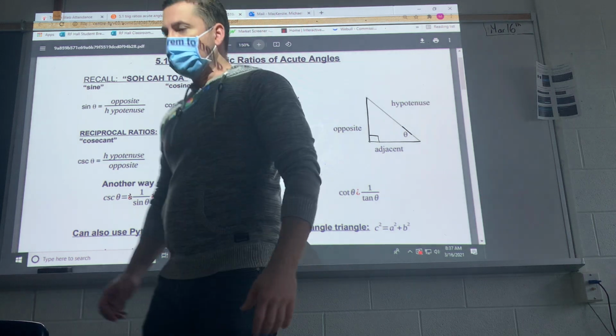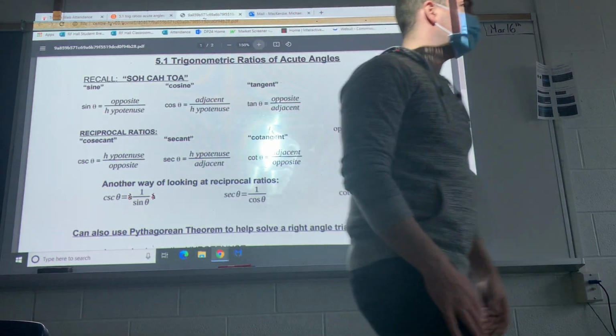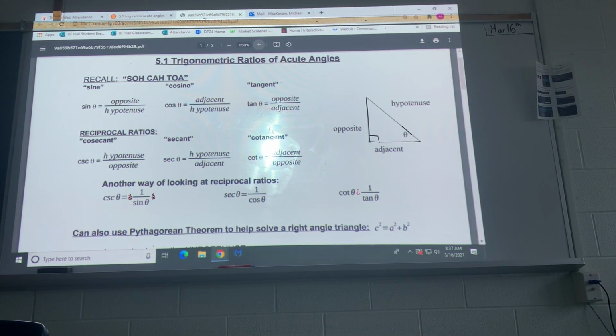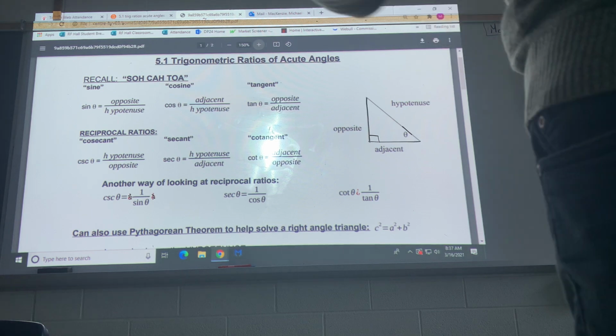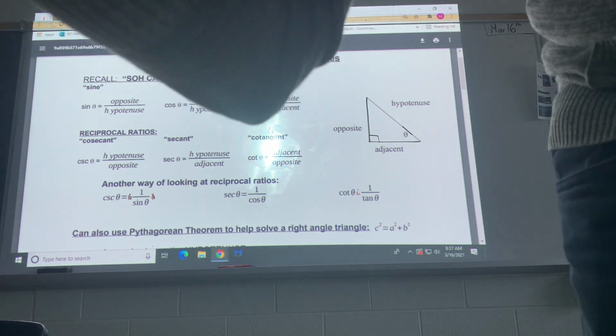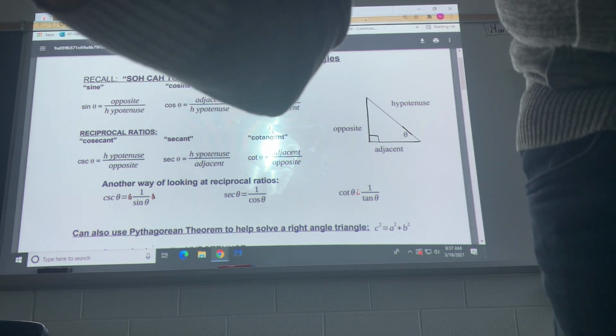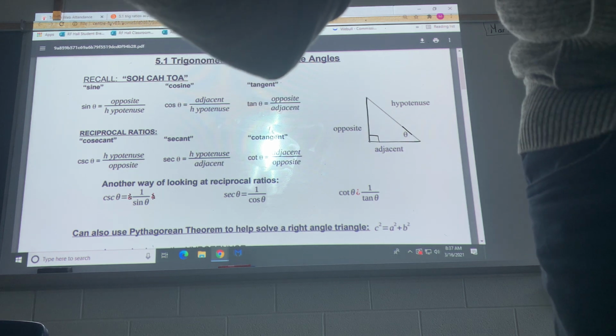These are the three buttons on your calculators, guys. For those who didn't learn it last year, you can see it: sine, cos, and tan.